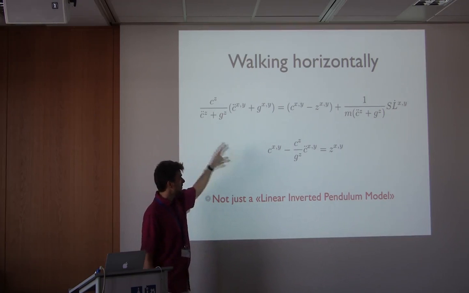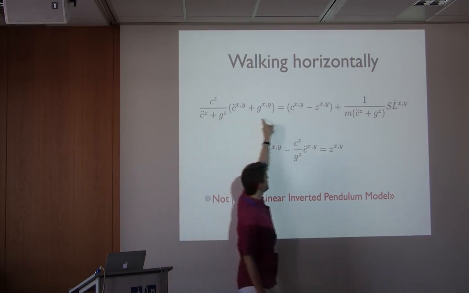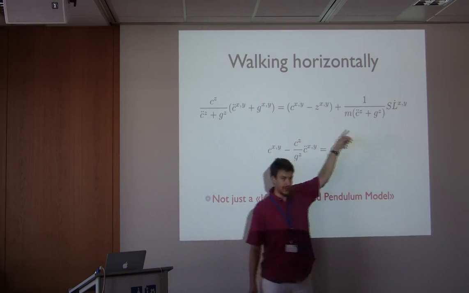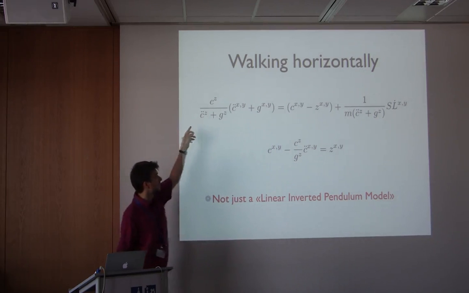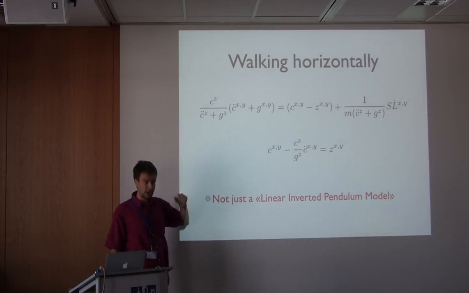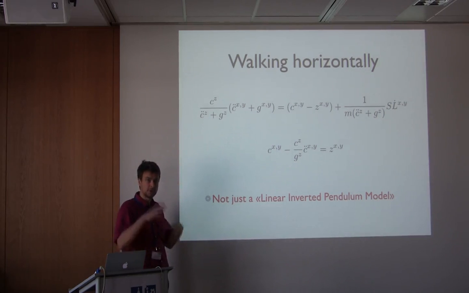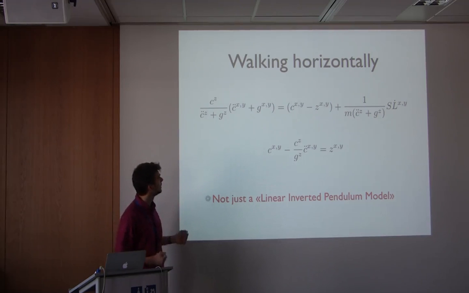How we derived it so far, this equation is absolutely correct in all cases. There was no approximation here. The only thing that we did at that time was consider that we walk on a flat ground, because that's the only way to introduce the center of pressure. If you don't walk on a flat ground, there's no good definition of the center of pressure.